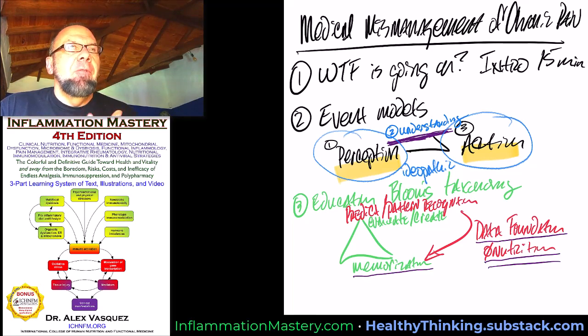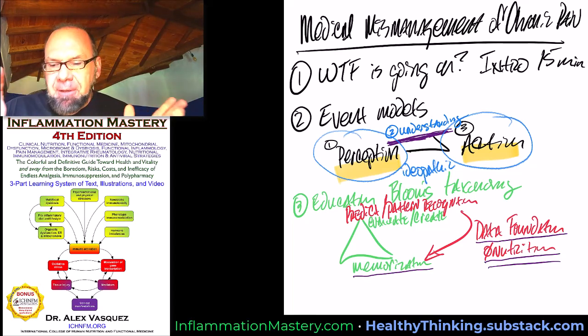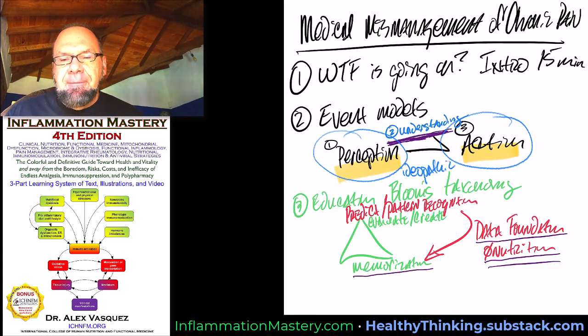So you've got formal medical school, postgraduate hospital residency, and then studying for postgraduate exams and attending postgraduate seminars. None of those talk about nutrition and functional components that would be required to have a really good understanding from which a doctor could then go step 1, perception, step 2, understanding, step 3, action.